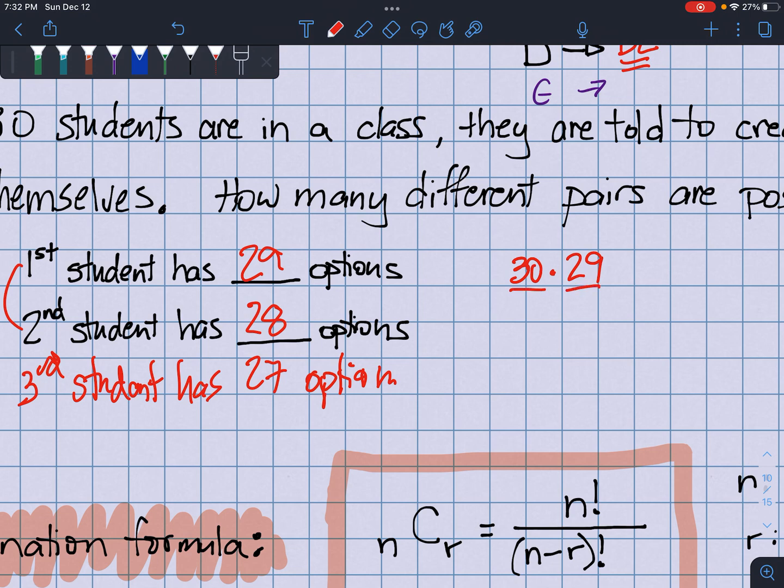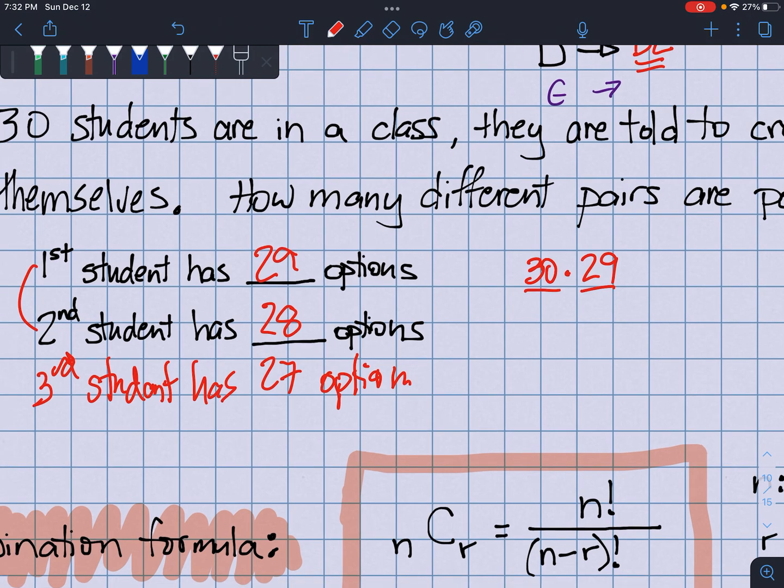Then I've actually ended up double counting this number. Meaning, if I had not had 28 here or 27 here, but had 29 every time, I would end up having twice as many as I did because I would be double counting every pair. Does that make sense?